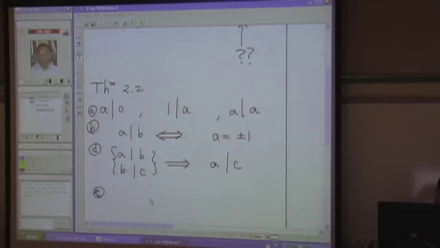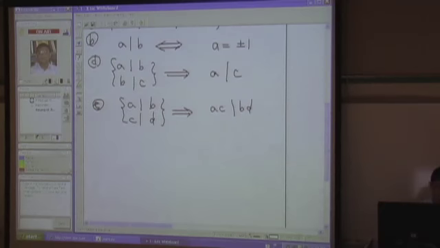If A divides B, and then C divides D, then AC divides BD. And then if A divides B, and B divides A, then the only way possible is A is equal to plus minus B.